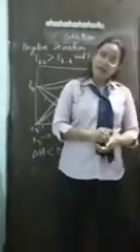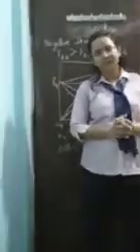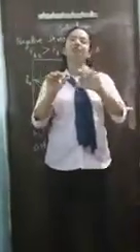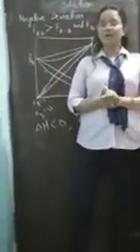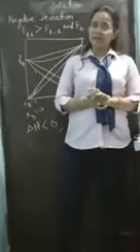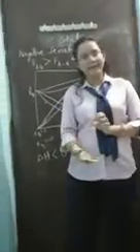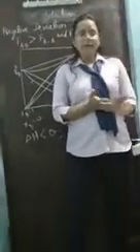Now we have understood both the topics. The first topic is negative deviation from ideal behavior and the second topic is the azeotropic mixture. I am just revising what I have taught. What are azeotropic solutions? They are binary solutions. A binary solution means the solution has only two components, one solute component and one solvent component, not more than that.